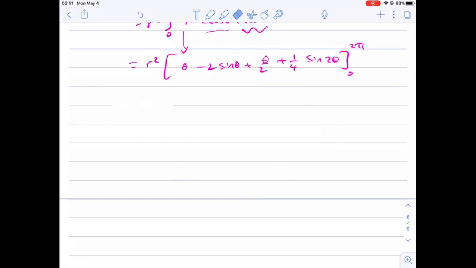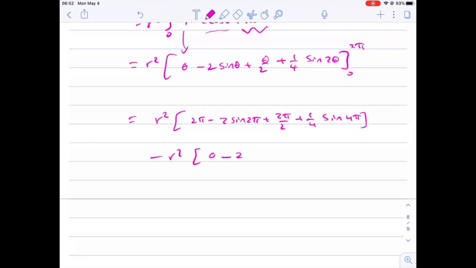Now we can erase this. Now we substitute 2 pi. We have r squared times 2 pi minus 2 sine 2 pi plus 2 pi over 2 plus 1/4 sine 4 pi, minus r squared times, now we substitute 0. 0 minus 2 sine 0 plus 0 over 2 plus 1/4 sine 0.